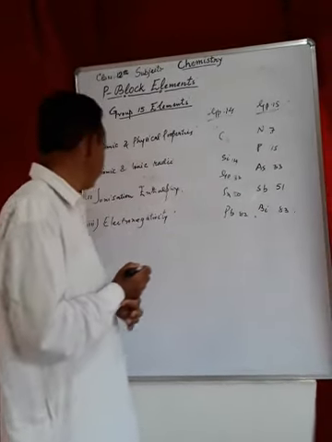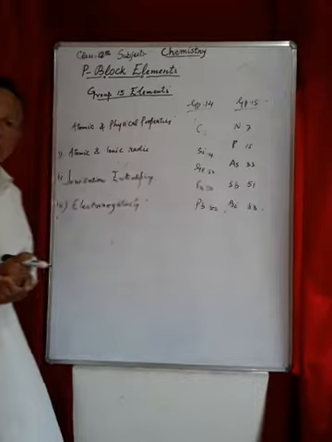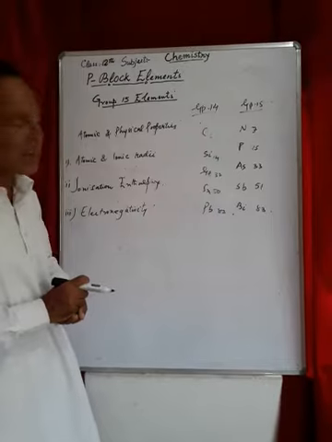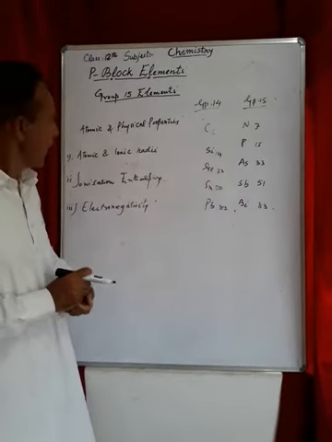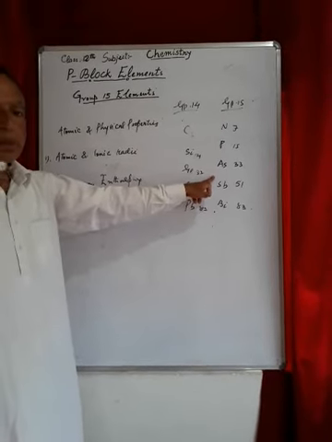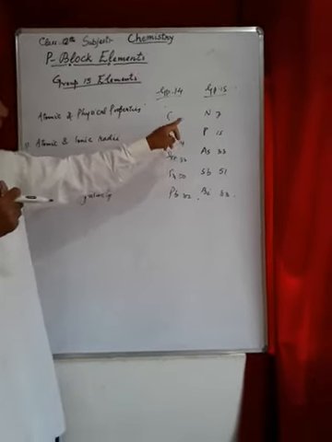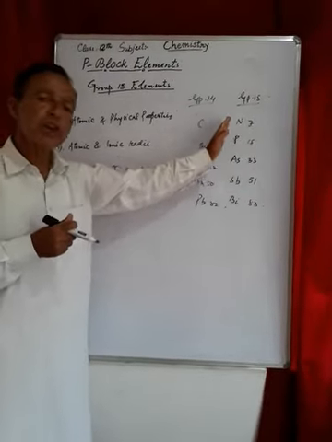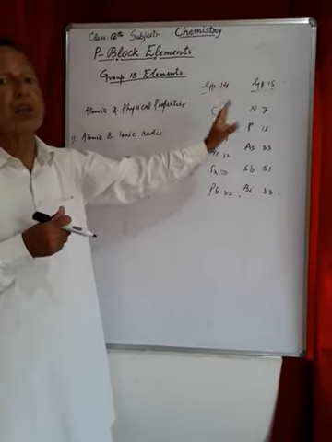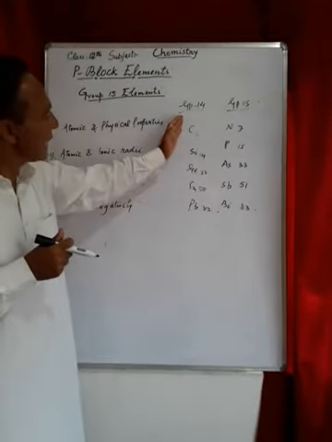Just like the trend in the atomic or covalent radii, the same trend is followed by the ionic radii. What is ionization enthalpy? It is the amount of energy required to remove the most loosely bound electron from the outermost shell. In the outermost shell of the group 15 elements, the p orbitals have one electron in each p orbital, so the p orbitals are half-filled, which gives them a more stable electronic configuration as compared to the corresponding group 14 elements.